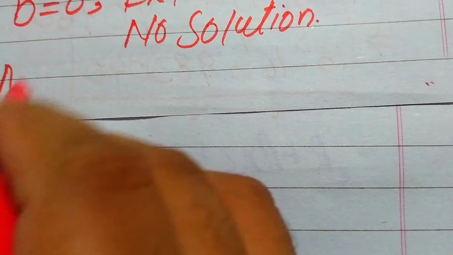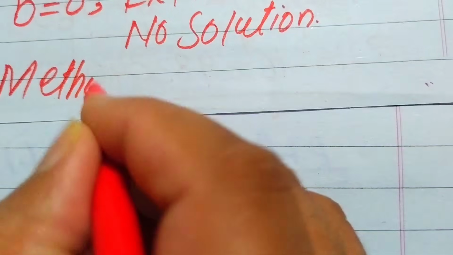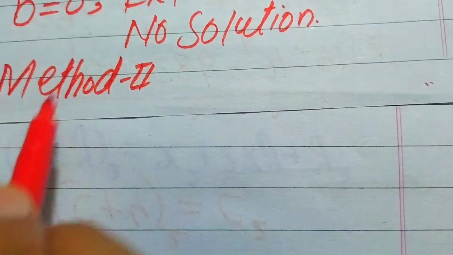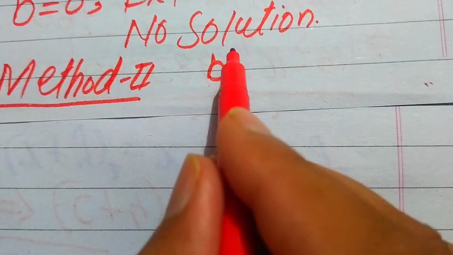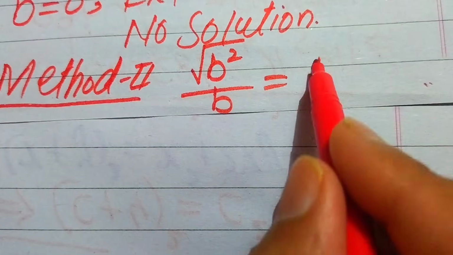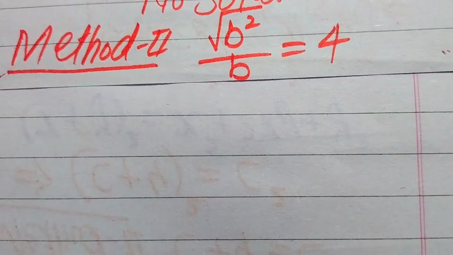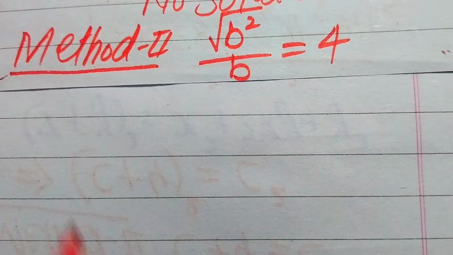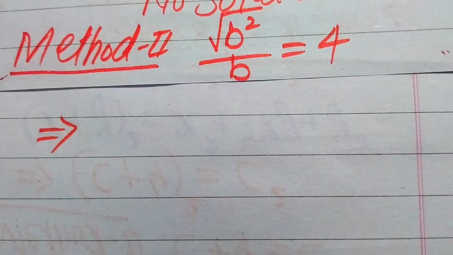And now we solve this problem again with the second method. For the second method we copy down the given question statement: square root of b squared divided by b is equal to 4. The second method is a very straightforward and quick method, where we quickly determine the solution set of this problem.